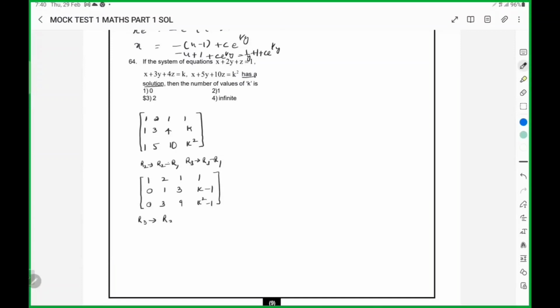Now R3 is replaced by R3 minus 3 R2, keeping the others as they are. Here k square minus 1 minus 3k plus 1. So the rows are 1, 2, 1, and the last entry is k square minus 3k.